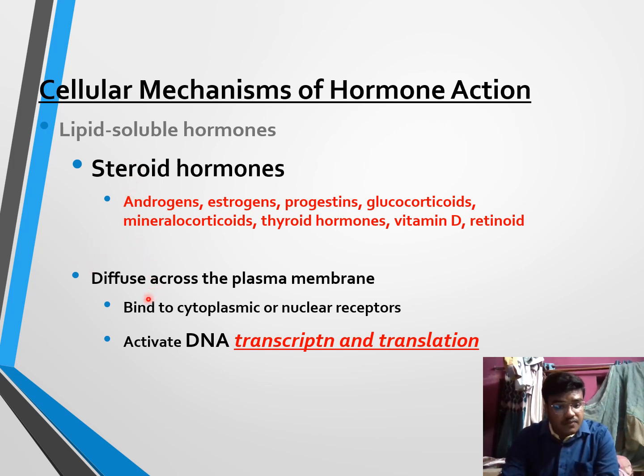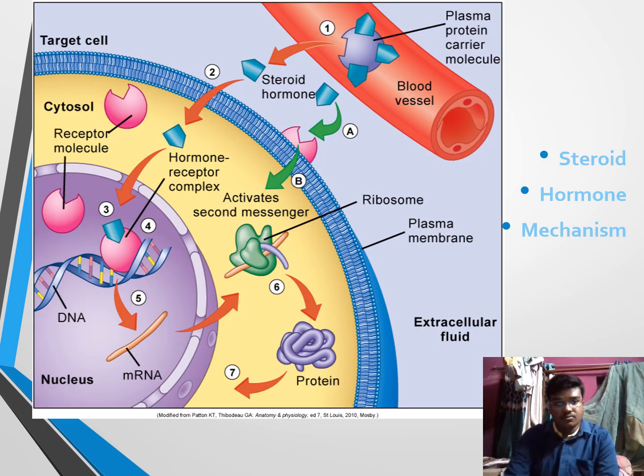This steroid hormone diffuses across the plasma membrane and binds with the cytoplasmic or nuclear receptor. And this hormone receptor complex binds with the hormone responsive element, that is the HRE element of the DNA, and activates the DNA transcription and translation.